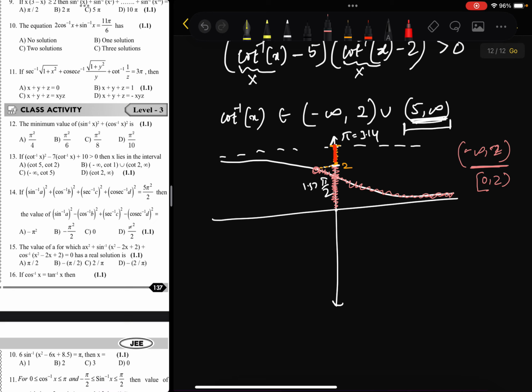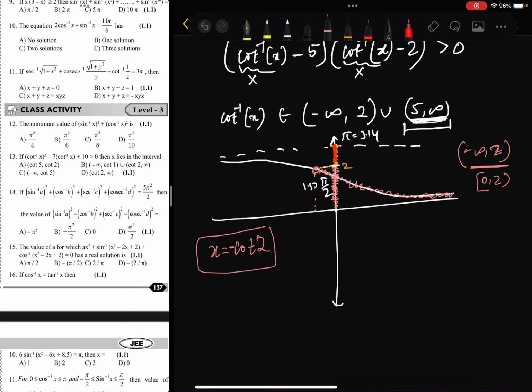As you can see, the graph is decreasing. So what is cot inverse 2? If cot inverse x is 2, then x will be equal to cot 2. Just 1 second, because we are getting negative x here, so x should be negative, that is minus cot 2.